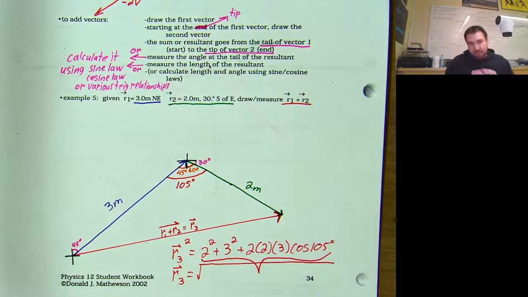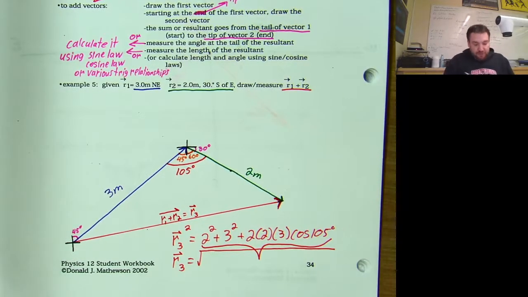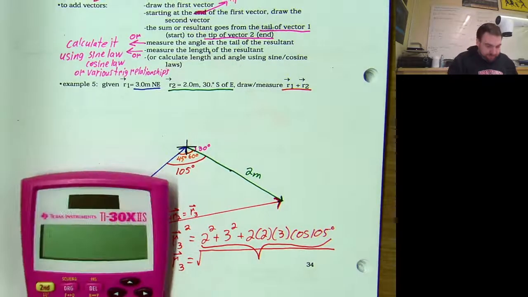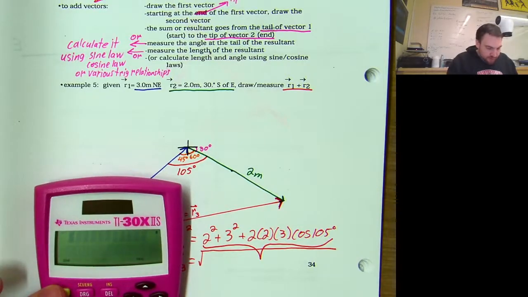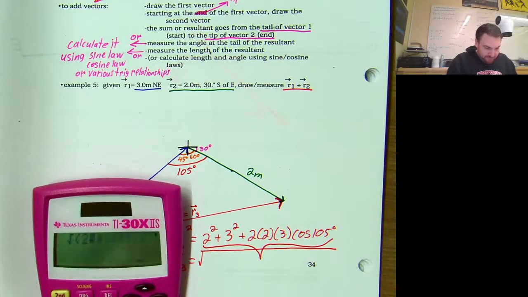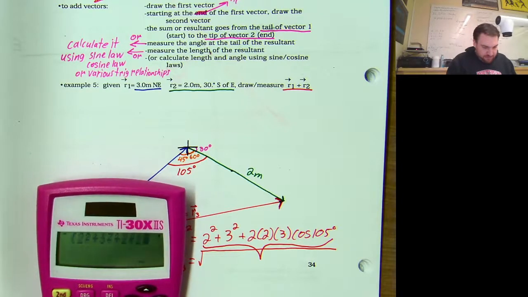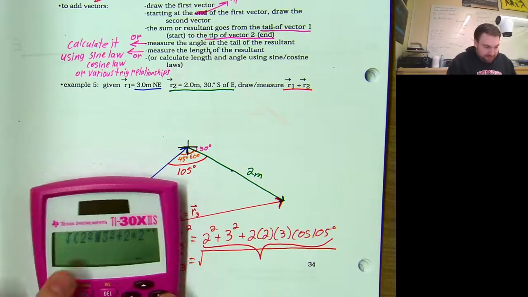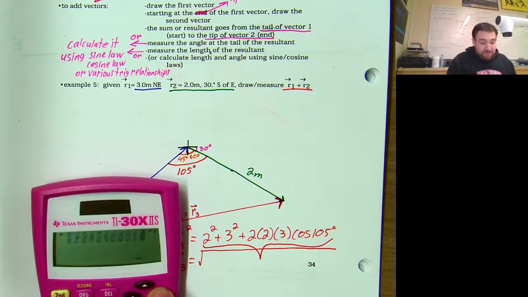I'm not going to write that out again. But I'll show you what it would look like on a calculator. We're going to do the square root of 2 squared plus 3 squared plus 2 times 3 cos 105, close the bracket. I have to close that bracket there as well. This would be a lot simpler on a graphing calculator because the screen is much larger, but you don't need it.